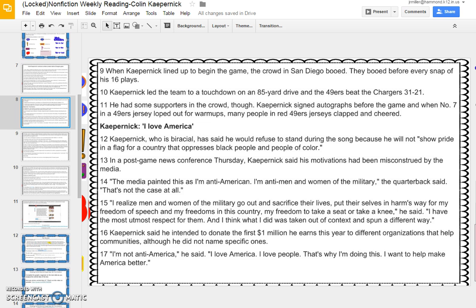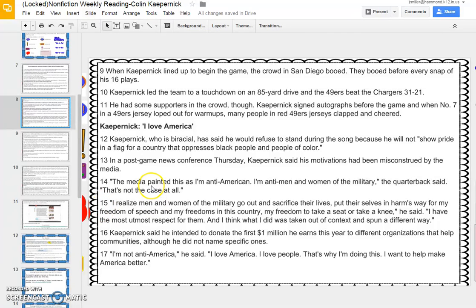The next piece of evidence I'm going to use comes from paragraph 14, where Kaepernick was saying the media painted him as anti-American, anti-men and women of the military, but he said that's not the case at all. So this is the second piece of evidence that I'm going to use. I could very easily use some details from the 15th paragraph as well.